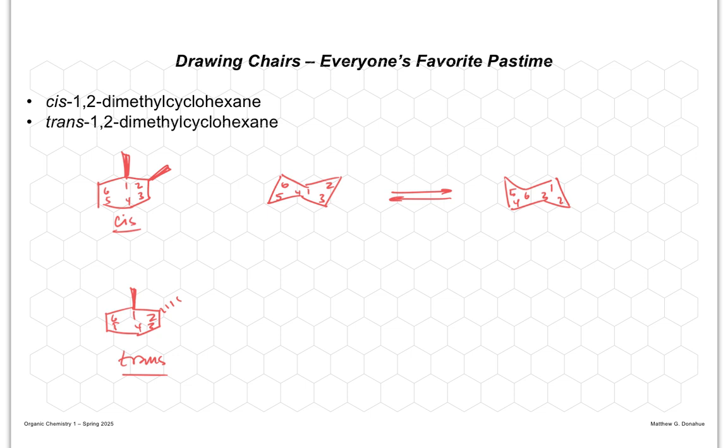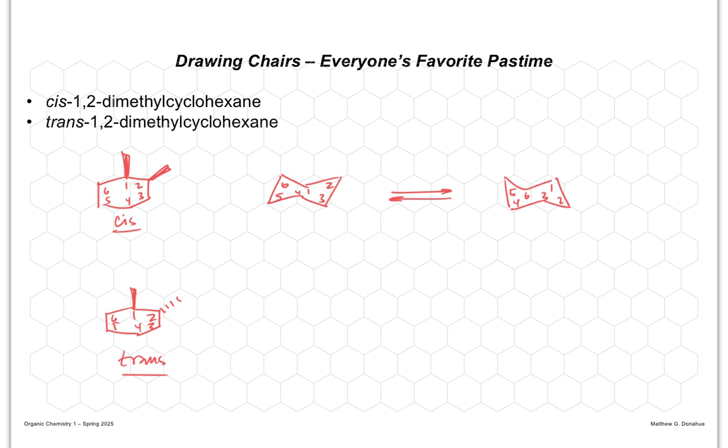And so now we want to draw it in the chair forms. Really what you're doing, like if you have the model, you're just looking at it now from a different perspective. So if in the flat form they're both projected towards you, they're on the same side, and I'm calling that side up.